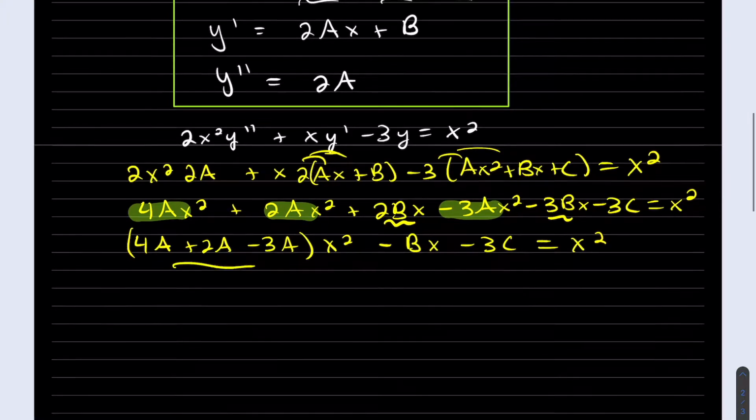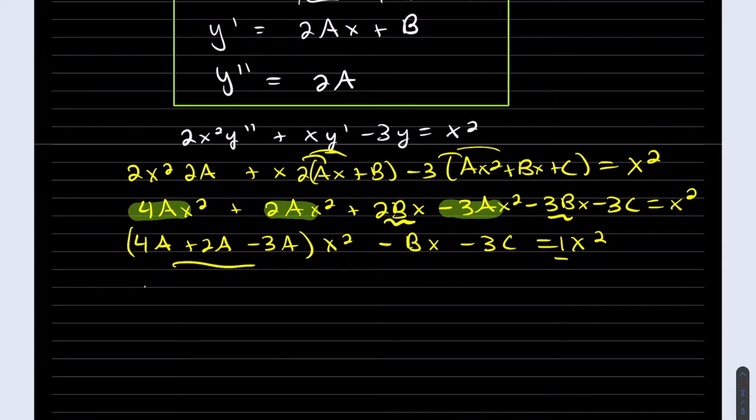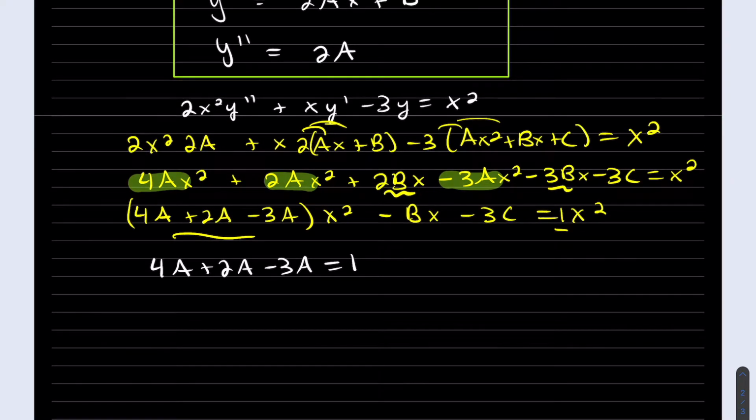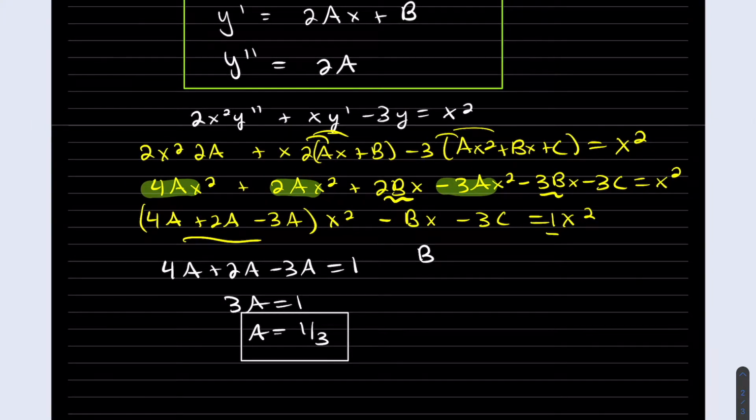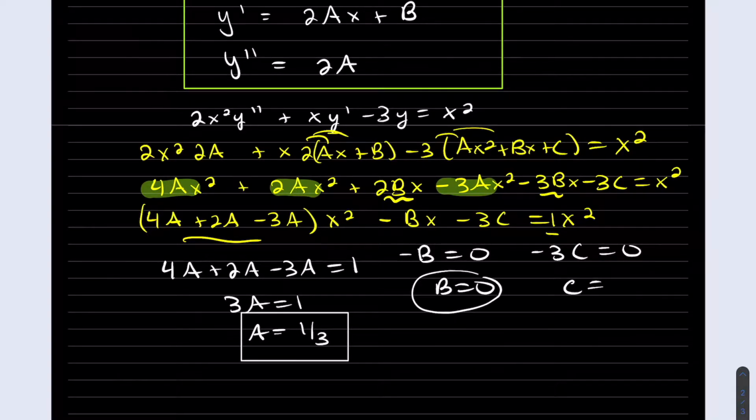In front of my x squared, it's 1 over here. Oh, I could have just added that up. 4, 5, 6. Minus b equals 0. Minus 3c equals 0. So b equals 0 and c equals 0.